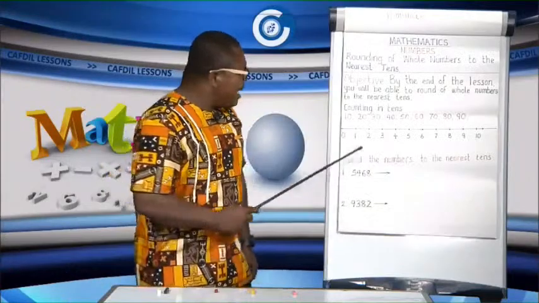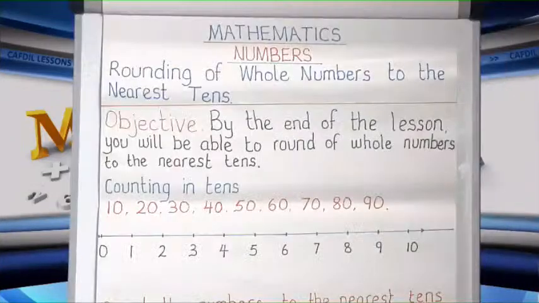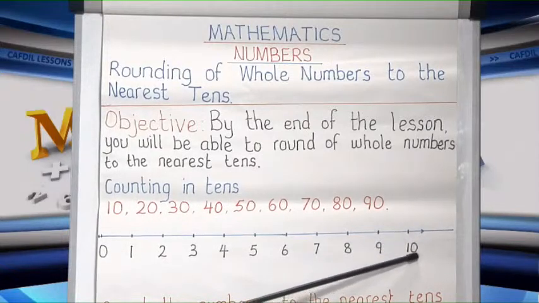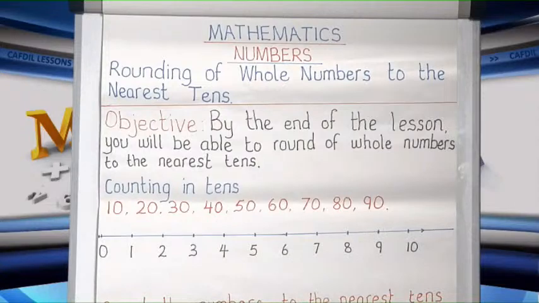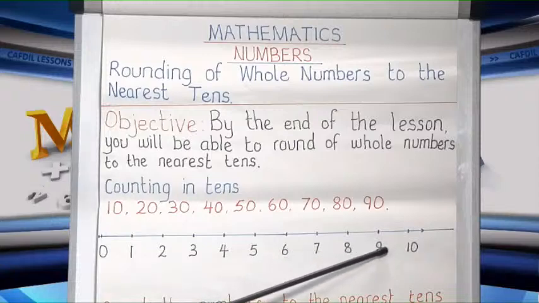Now, let's look at this number line. We can see 10 here. Which of these numbers is nearest to 10? 9.